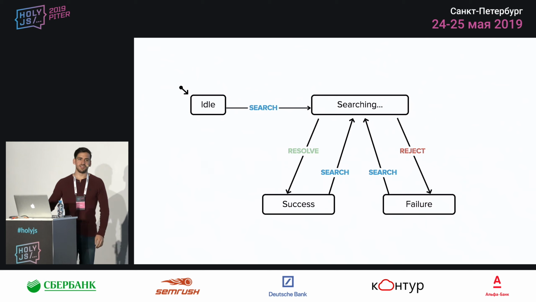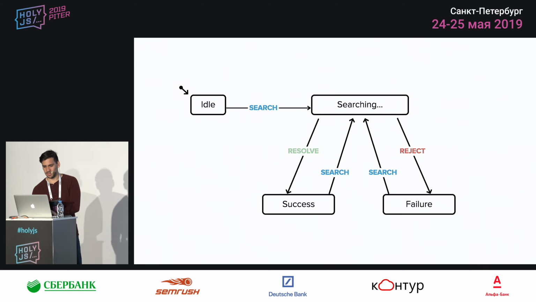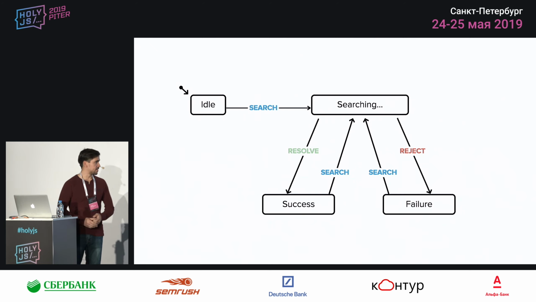So let's take a look at our original problem, where we have a search and we want to either resolve or reject it, and we want to give the user the ability to search again. This could actually be modeled as a finite state machine, as you see here. When we're in the idle state and we do a search, now we're in the searching state.